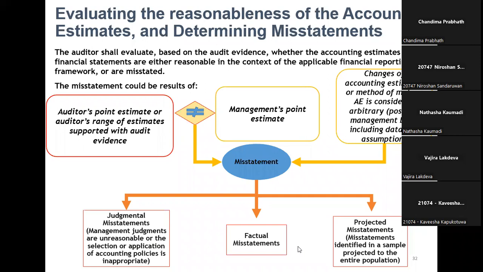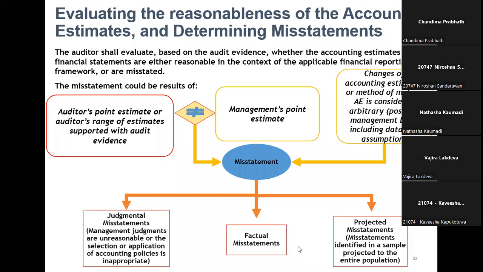But projected misstatement, you cannot go and ask management to address. But if the factual plus projected misstatement is well above the tolerable limit, then the auditor would extend his testing. He will increase the sample size, or else ask management to go through the entire inventory valuation and resubmit it.